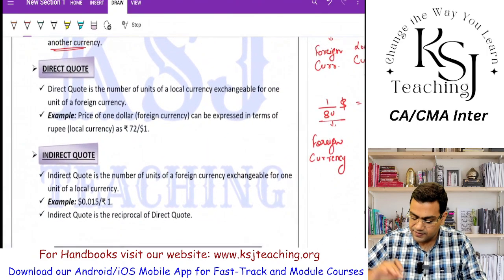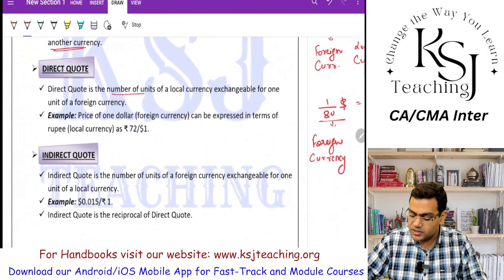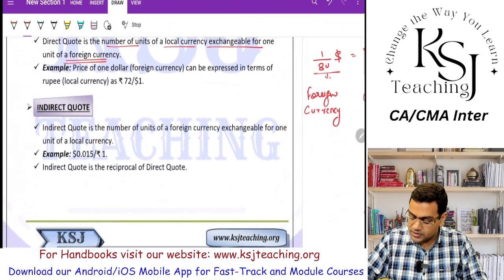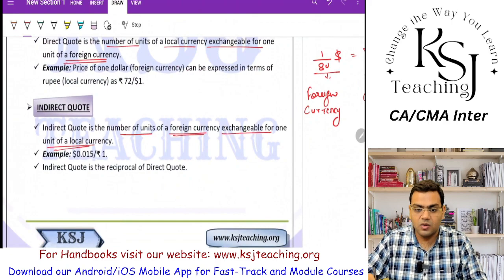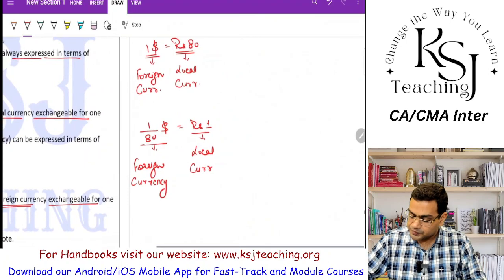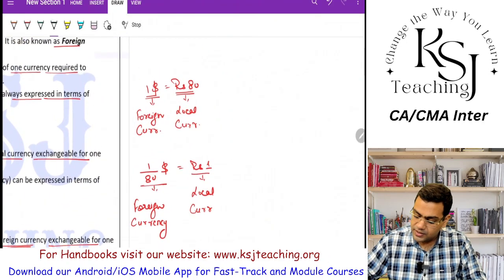Direct quote is the number of units of a local currency exchangeable for 1 unit of the foreign currency, and indirect quote is the number of units of the foreign currency exchangeable for 1 unit of the local currency. Now, whichever currency we take as 1, this is known as the base currency.